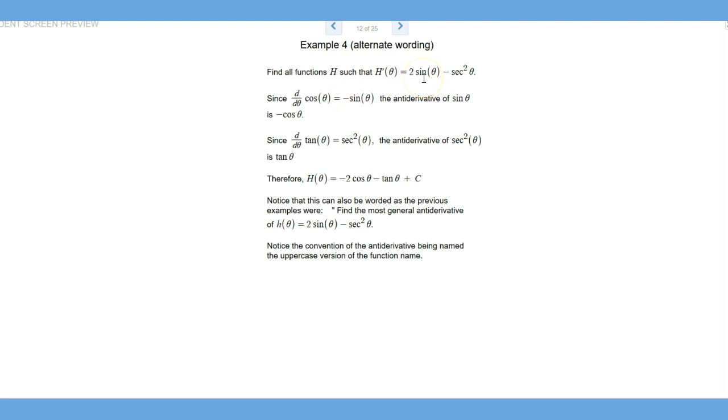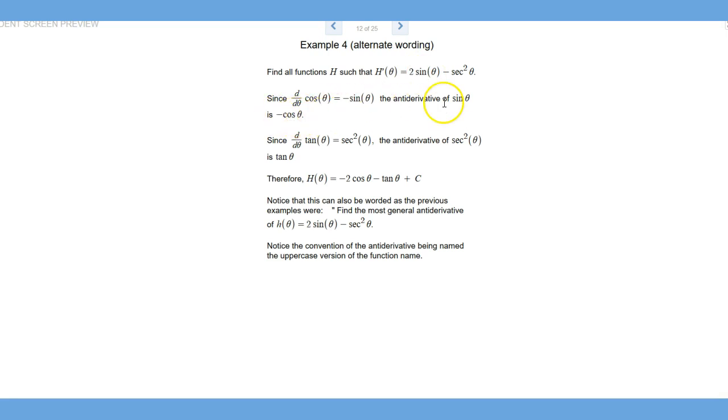So now we need to think in reverse again. We don't have a formula like the power rule. So what function's derivative is sine theta? Well, it's not cosine theta, because the derivative of cosine theta is minus sine theta. So the function that gives us sine theta would be minus cosine theta.